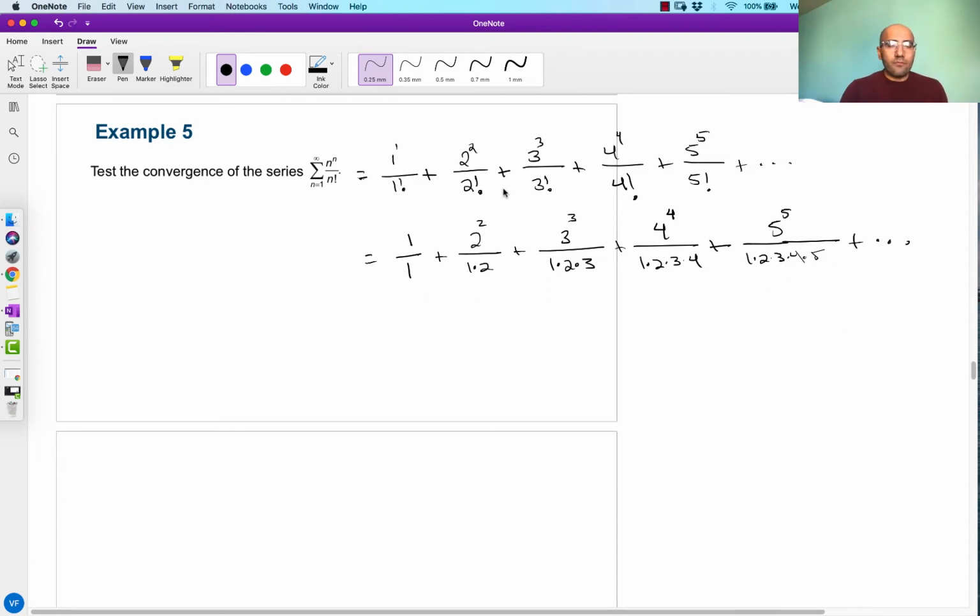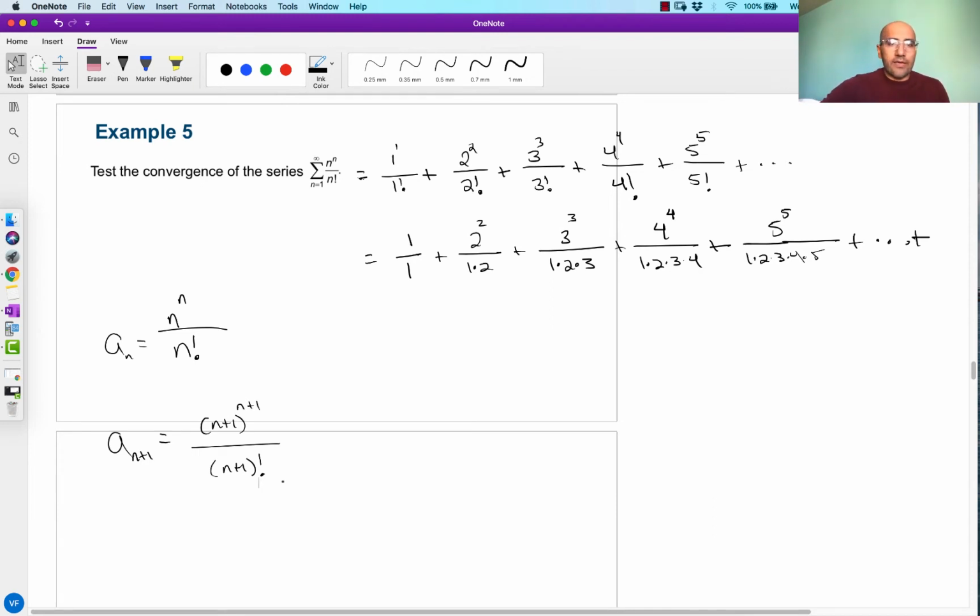So what we want to do here is consider the ratio test. The a sub nth term is going to be n to the power of n over n factorial. Then the one right next to it, a sub n plus 1, is equal to n plus 1 to the power of n plus 1 divided by n plus 1 factorial.